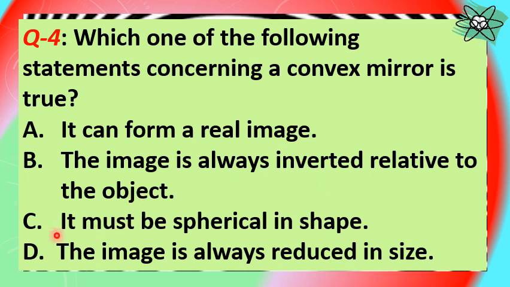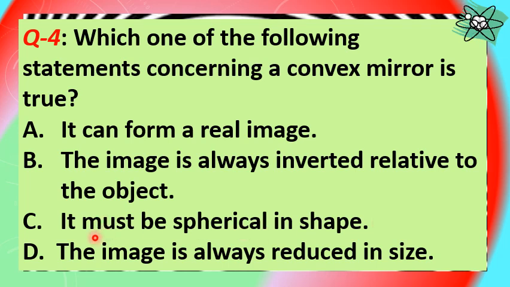while statement letter C is also not necessarily correct. Although there are convex mirrors that are spherical in shape, right? There are also convex mirrors that are cylindrical in shape.